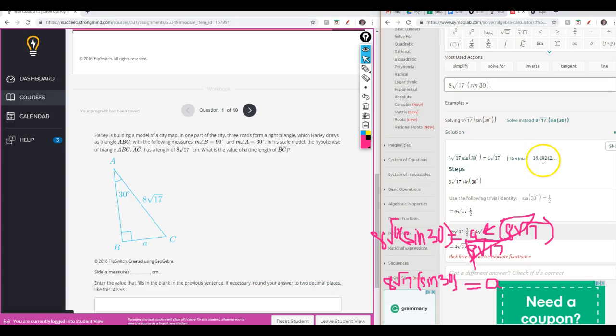Okay, well this says 16.492. Since we're rounding to 2 decimal places, we want to look at the thousandths, which is that 2. 2 is less than 5, so we're closer to 16.49 than 16.50. So we are going to type in 16.49. That's how we will answer this question.